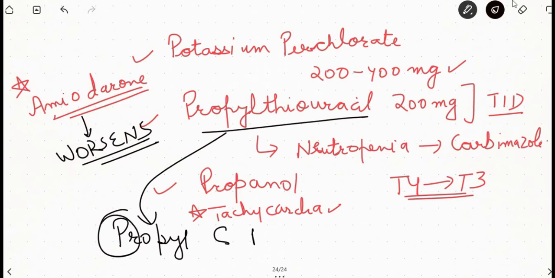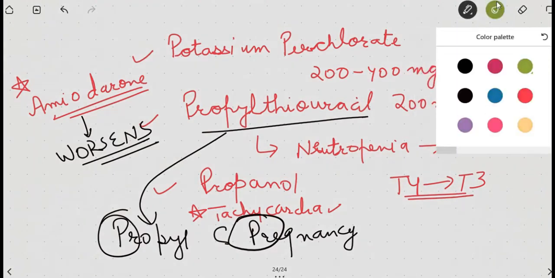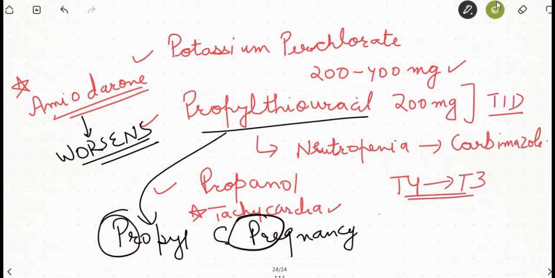Propylthiouracil. It is safe in pregnancy. We can also use Lugol iodine. So to restore the patient to euthyroid state, we must take the following measures.